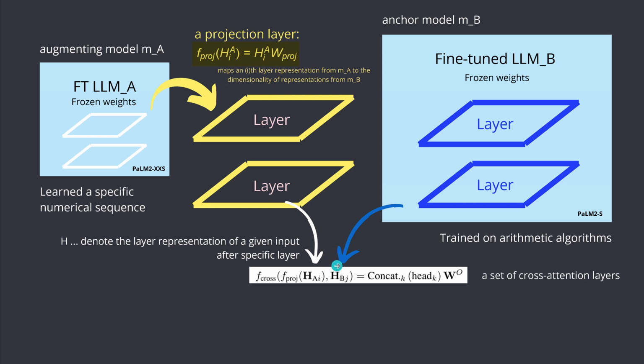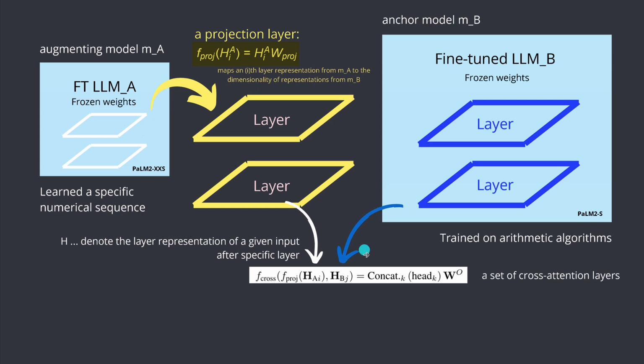And we combine it now, or we calculate the cross attention with the layer representation of our model B, and we have a specific layer, the layer J. Now, as you can see, we have two different sets of trainable parameters because here our weights are frozen, and here our weights are frozen. So we have to inject new parameters that learn new things, given the frozen weights that we will use only to calculate, but not to modify.